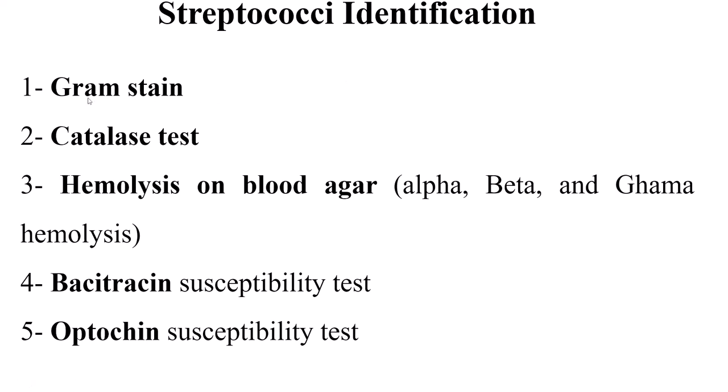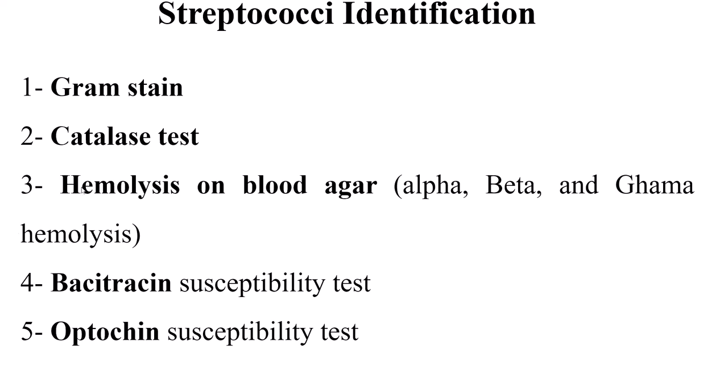For Streptococcus identification, if we have a bacterium and want to identify whether it is streptococci or not, we start with the gram stain. If it is gram-positive cocci, we then apply the catalase test. If it is catalase positive, it is staphylococcus, but if it is catalase negative, it is streptococcus.